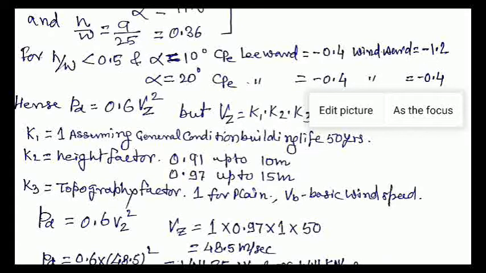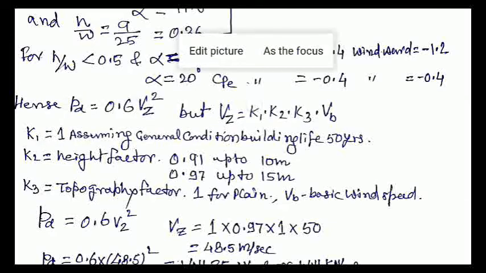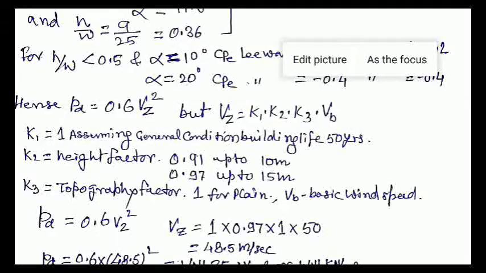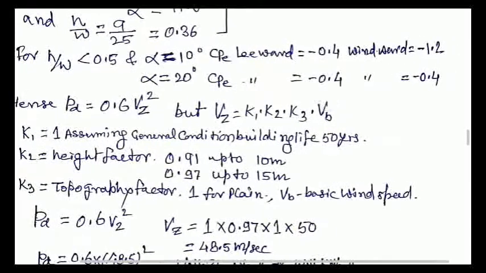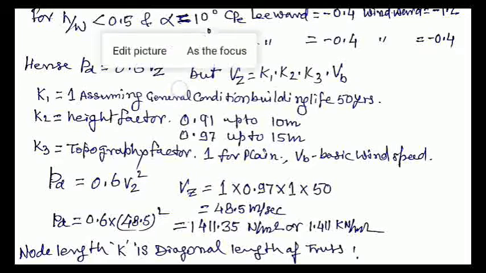If alpha is 20 degrees and H by W is less than 0.5, then CP comes out to be minus 0.4 on the leeward side, and on the windward side it is minus 0.4, the same on both sides. Now the pressure PD will be equal to 0.6 times Vz squared.